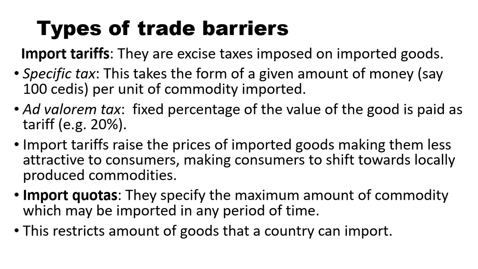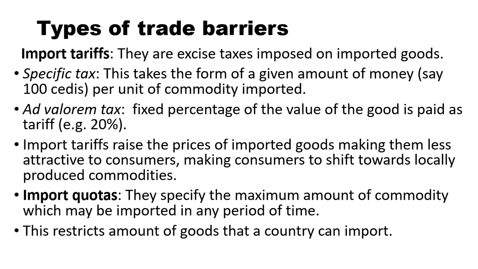Then we can also talk about import quotas. The import quotas specify the maximum amounts of commodity which may be imported in any period of time. Let's say in Ghana, our demand for chicken is 100 metric tons, but the country can only produce 40 metric tons. What it means is that we have to import 60 metric tons.